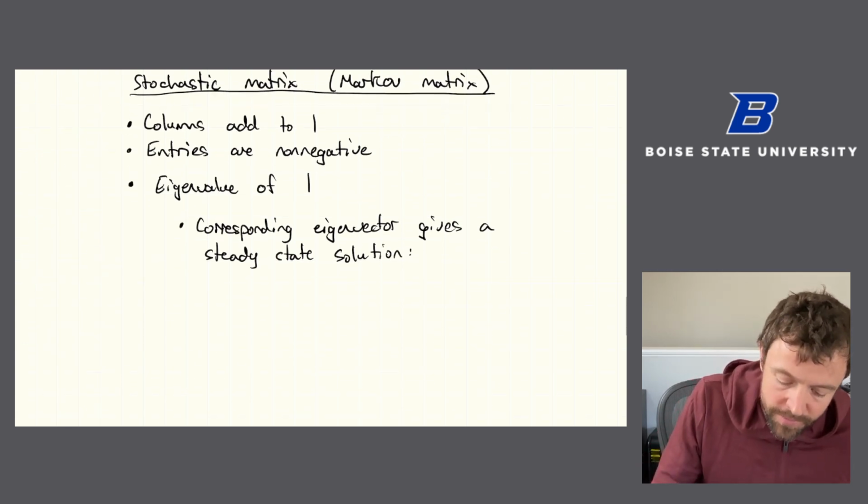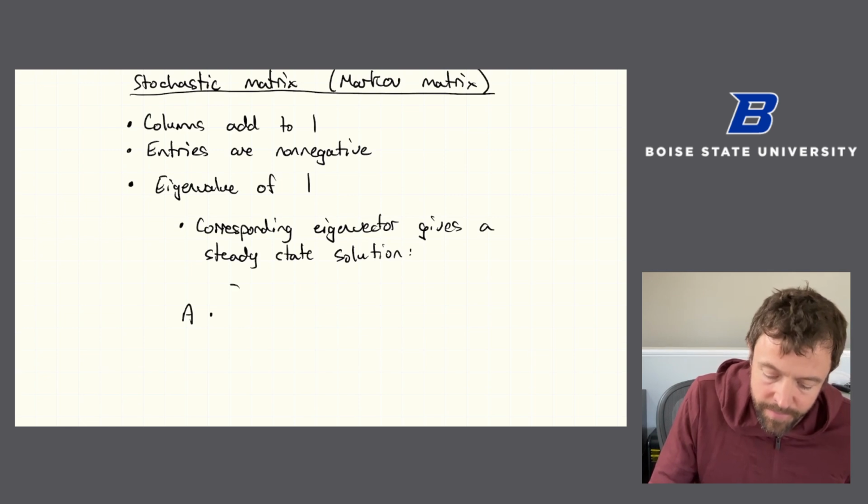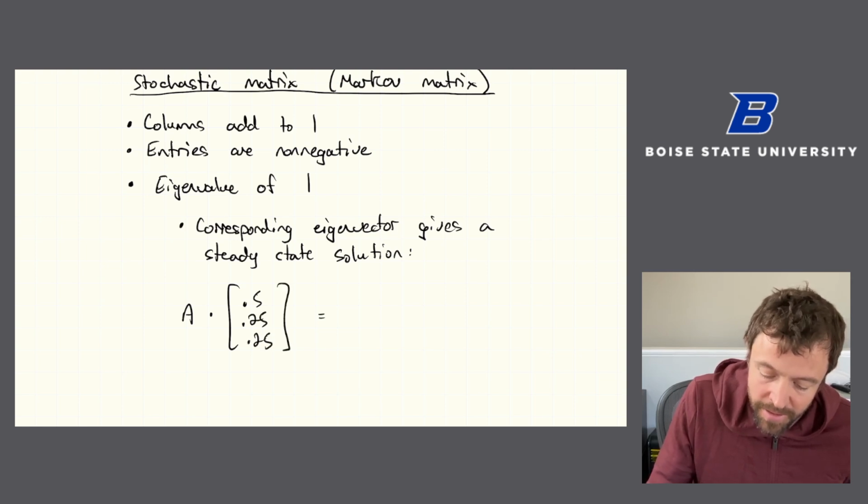And what I mean there is if I take this matrix A and I multiply it by the steady state solution that I claimed without proof, you can do this on your own if you want to confirm this, you just get back what you started with.